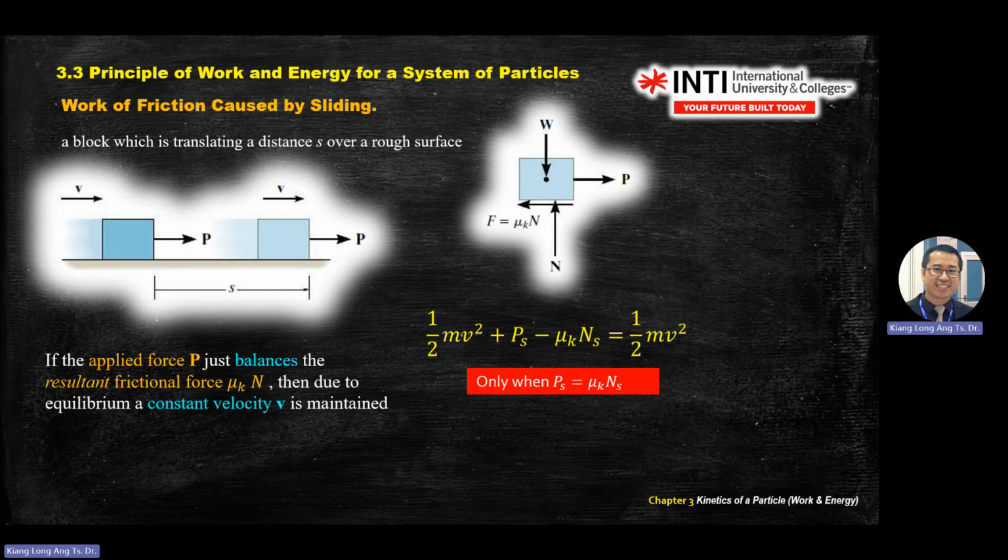So this kind of setting, usually the question will ask you to find the P required, or the force required to maintain the velocity of the object, by using the principle of work and energy. So at first you write the principle of work and energy equation, then you put in V2 equals V1, you cancel the right hand side, then you do F dot ds, or you sum up all the forces that created work. In this case, P creates work, friction creates work. Only need to be careful on the negative sign, positive sign.